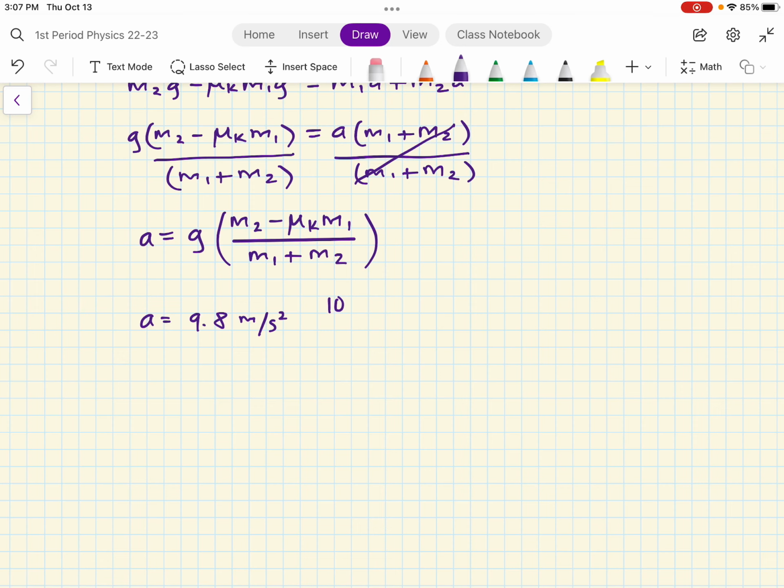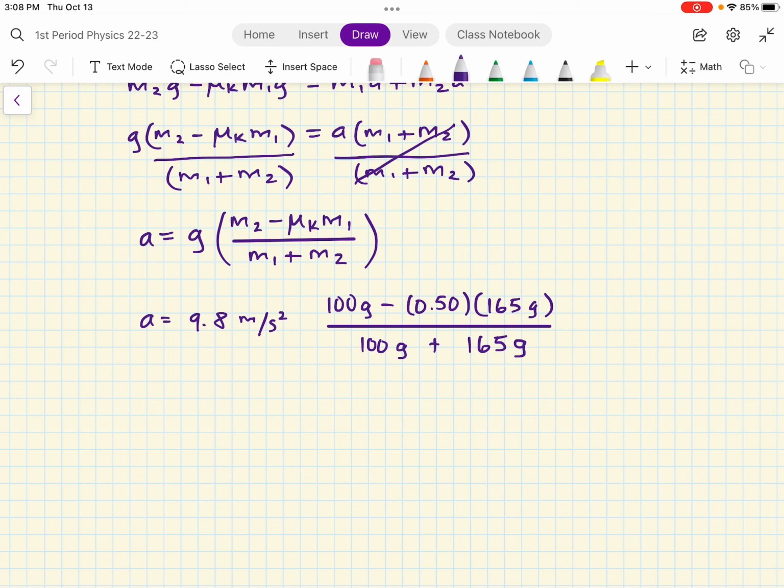So 100 grams minus the coefficient of kinetic friction, which is 0.50, times mass 1, which is 165 grams. That was the block. Divided by 100 grams plus 165 grams. Mass 1 plus mass 2.